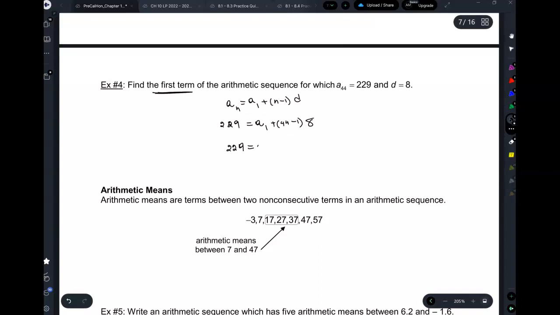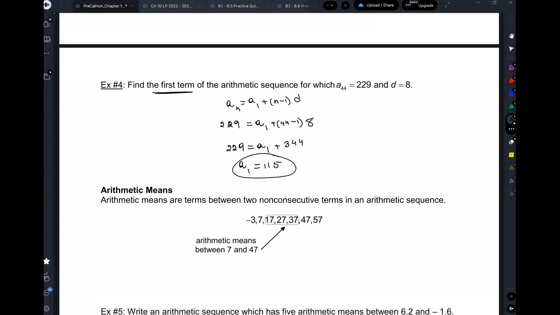It's 344? Okay. So then A sub 1 is 115. All right. Questions?